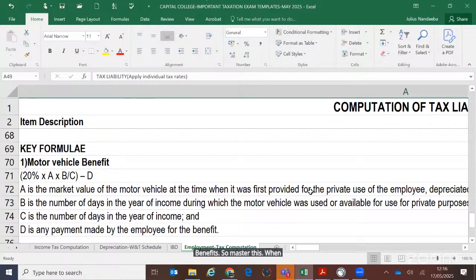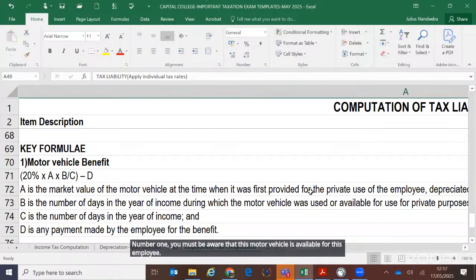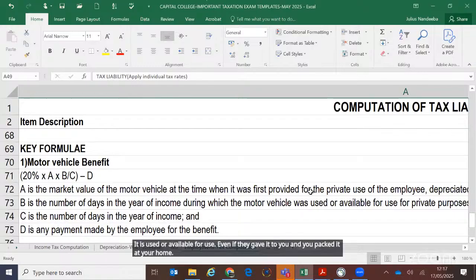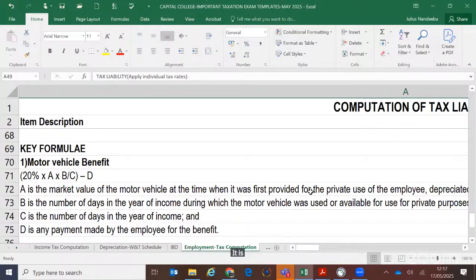When we are looking for motor vehicle benefit, number one, you must be aware that this motor vehicle is available for this employee. It is used or available for use. Even if they gave it to you and you parked it at your home, it is available for you.